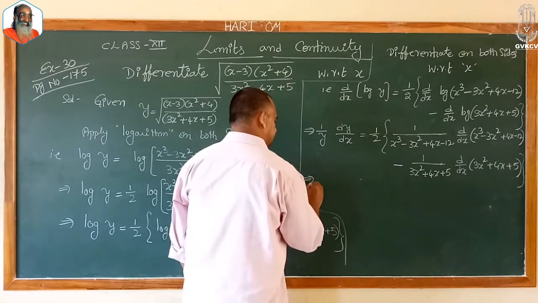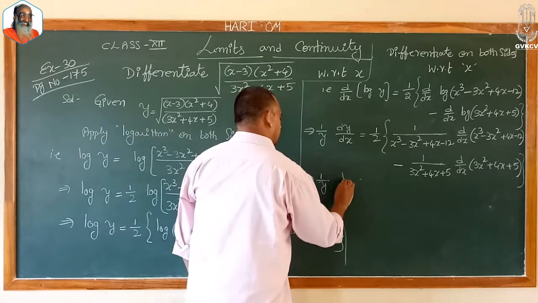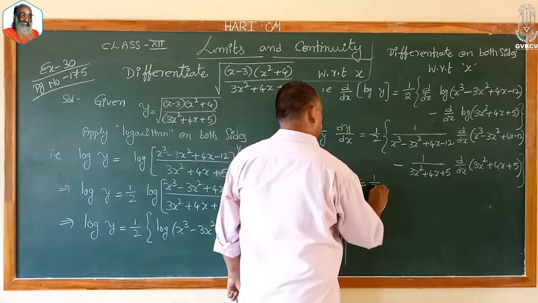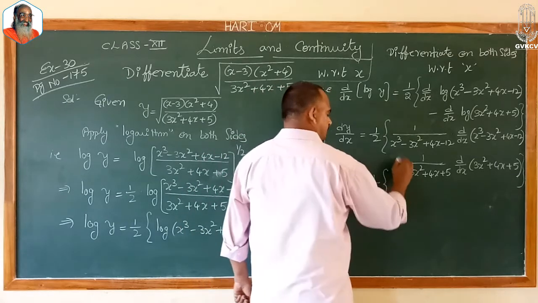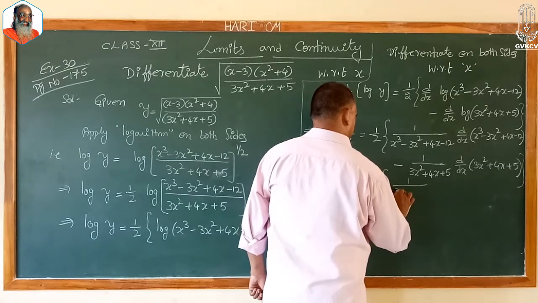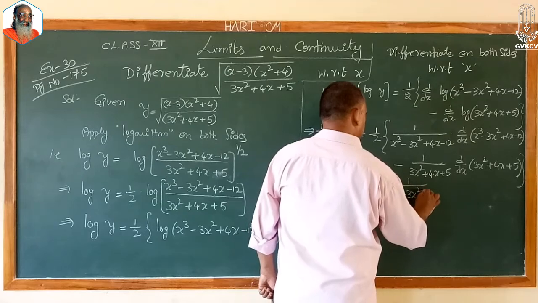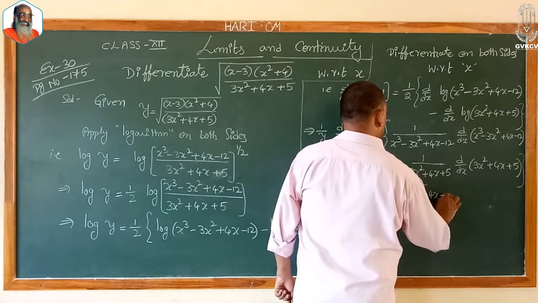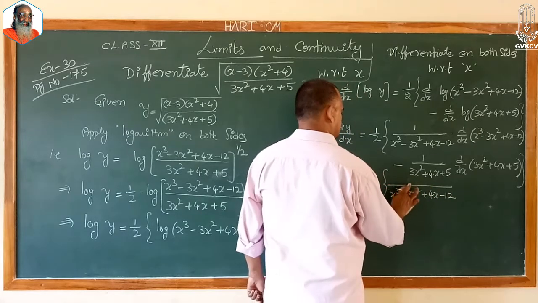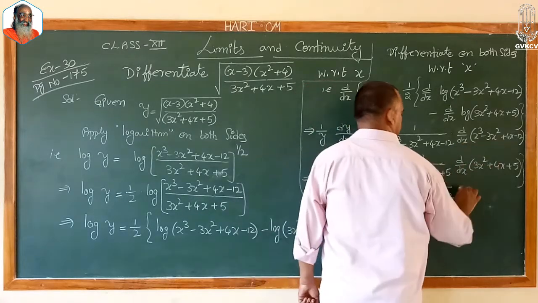That implies 1 by y into dy by dx is equal to half into 1 by (x cube minus 3x square plus 4x minus 12), this entire differentiation. Now let us come for here.